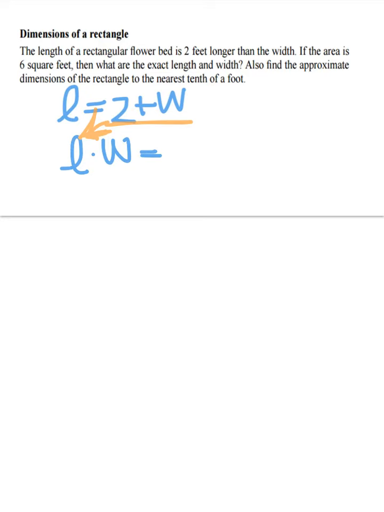So when we write it, it will be 2 plus w times w. That's the area of the rectangle. And what's the value of the area of the rectangle in the problem? Yes, it's 6. So very, very easy.